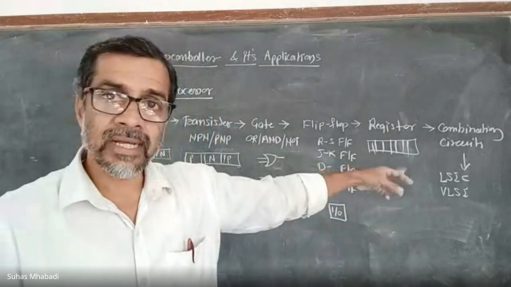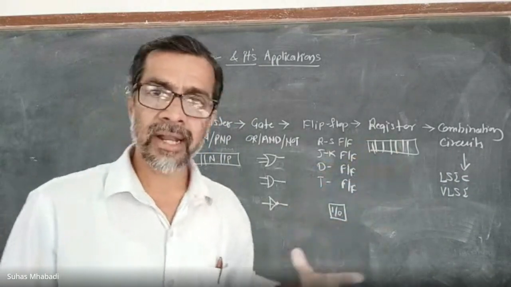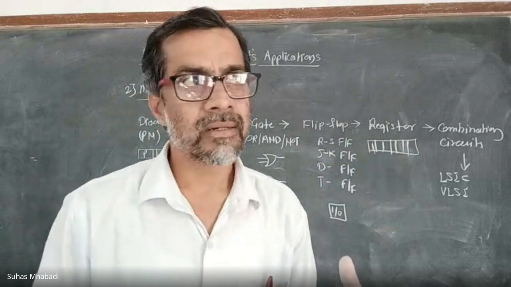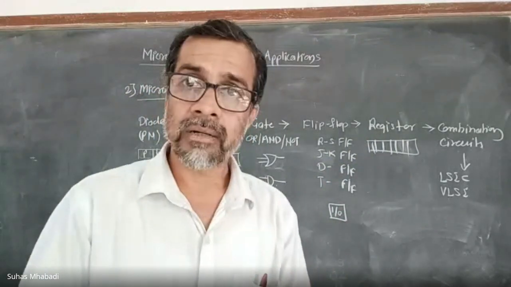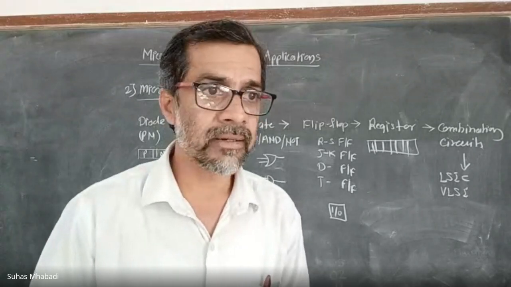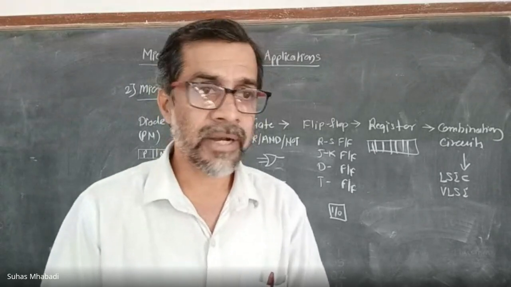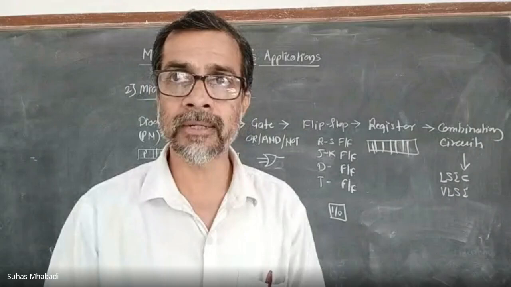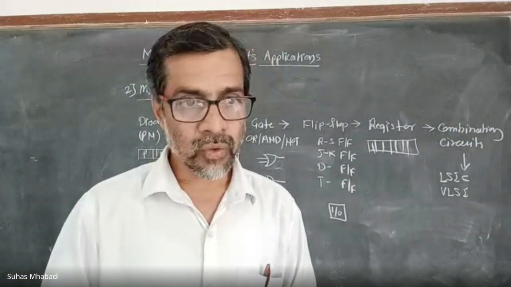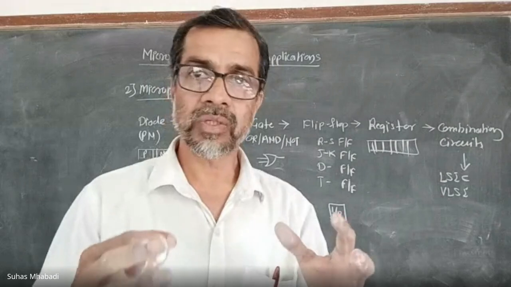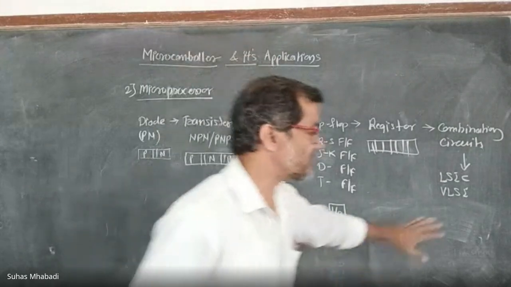This circuit has registers. So why not use that large scale circuit for computational processes like addition, subtraction, multiplication, division, logically ANDing, logically ORing? Those are computational usages of that VLSI.